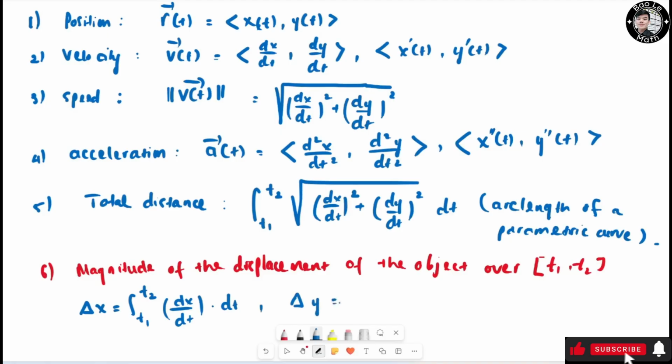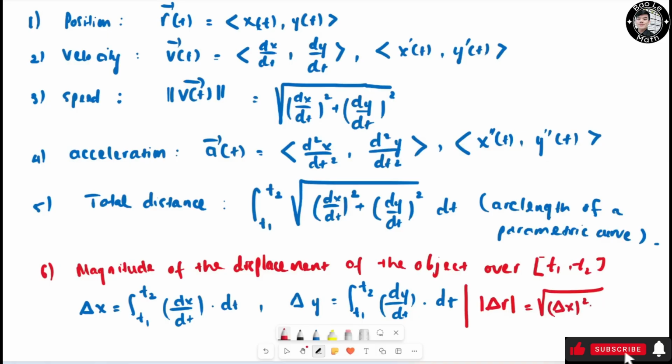Delta y is going to be integral from t1 to t2 of dy over dt times dt. And displacement magnitude is absolute value of delta r equals square root of delta x squared plus delta y squared.